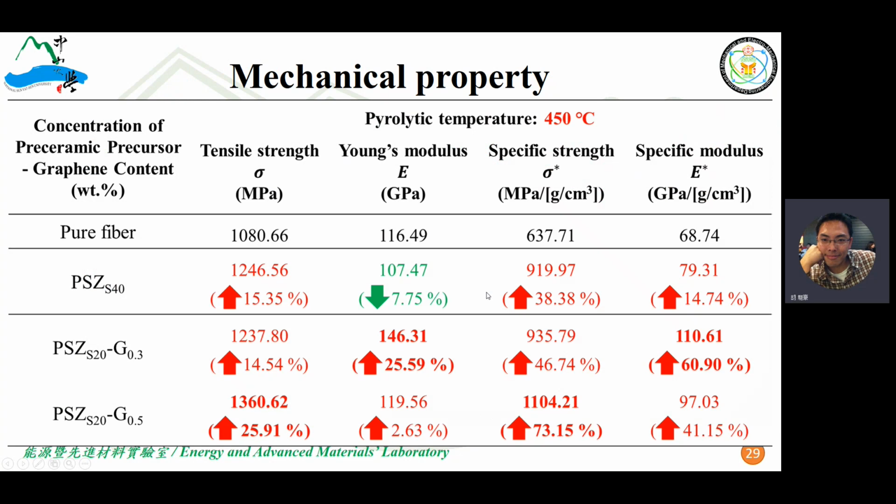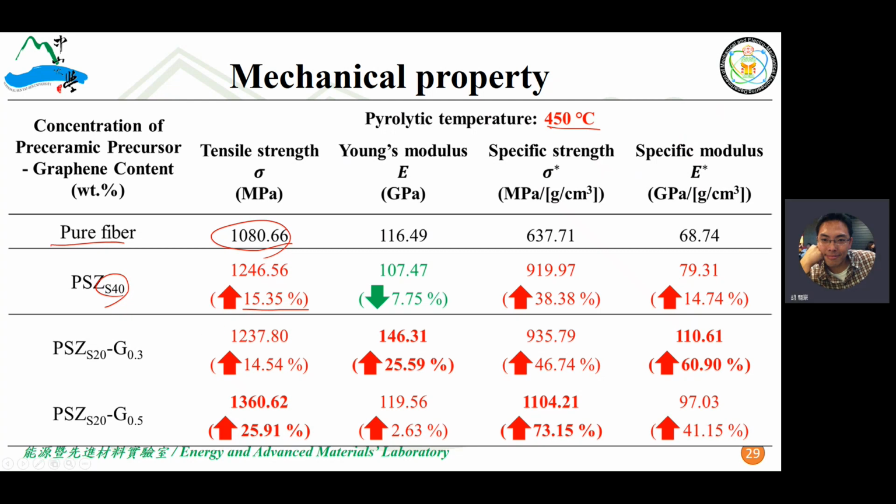And we can have a summary table of the mechanical properties. For the pure carbon fiber, its tensile stress is about 1080 megapascal, and this carbon fiber coated with 40% polysilazane preceramic precursor and pyrolyzed at 450, its tensile stress is enhanced about 15%.